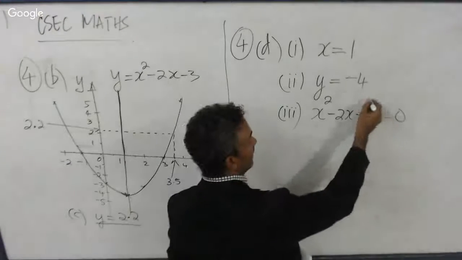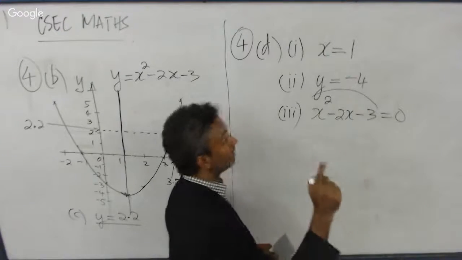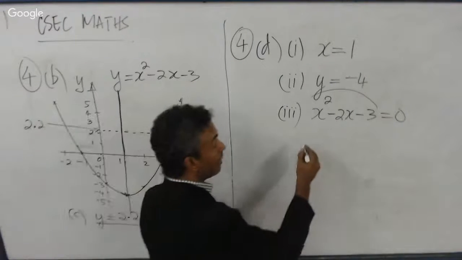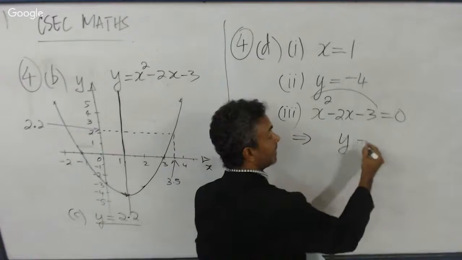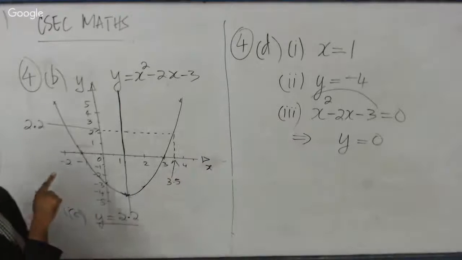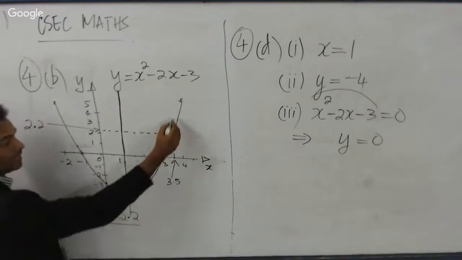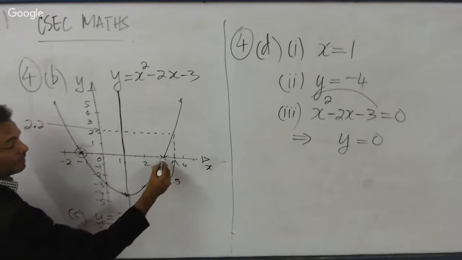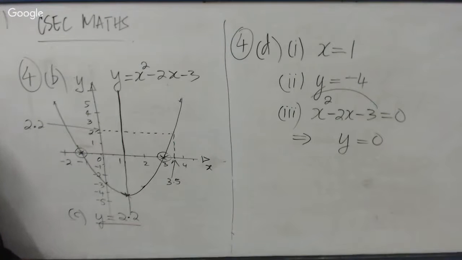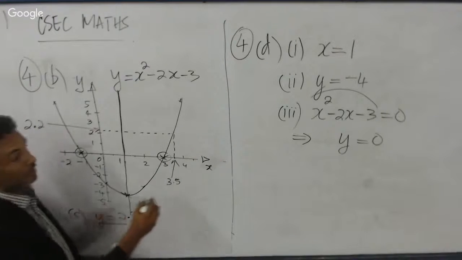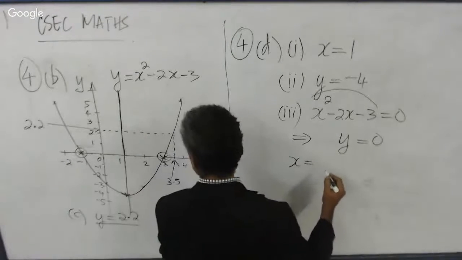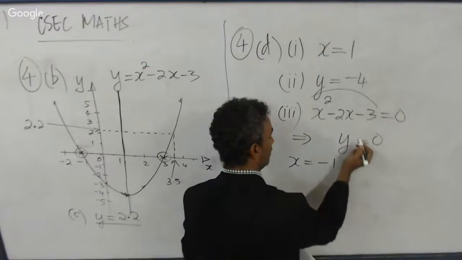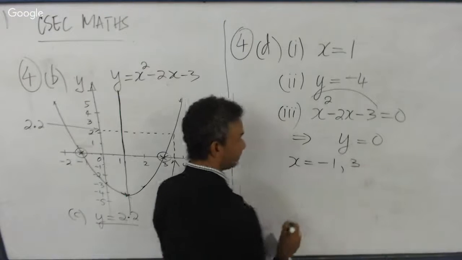The left-hand side is the same as y. So all you're doing is looking for where y is equal to 0 on the graph. On the graph, y is equal to 0 at this point and this point. And then you read off the x values. The answers are x equals -1 and x equals 3. That's the answer.